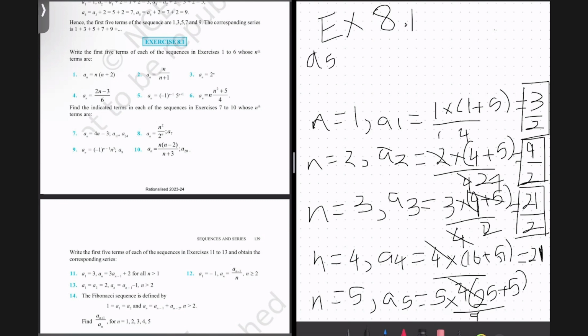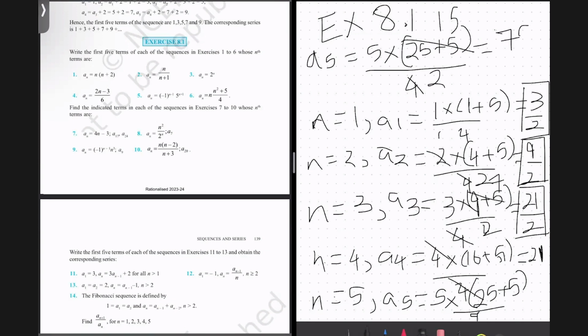So A of 5 would equate to 5 into 5 square, which is 25, plus 5, as mentioned in the rule, upon 4. So 25 plus 5 is 30, and this is 4. Cancel this out. This becomes 15 and this becomes 2. 15 into 5 is nothing but 75, and in the divisor we have 2, so that will be 75 by 2.